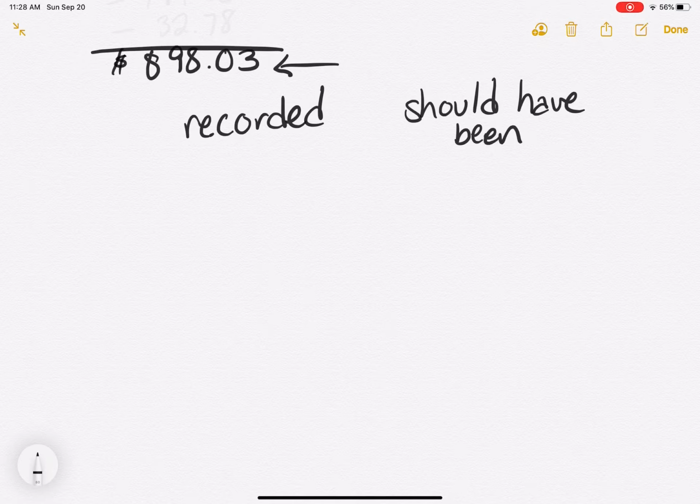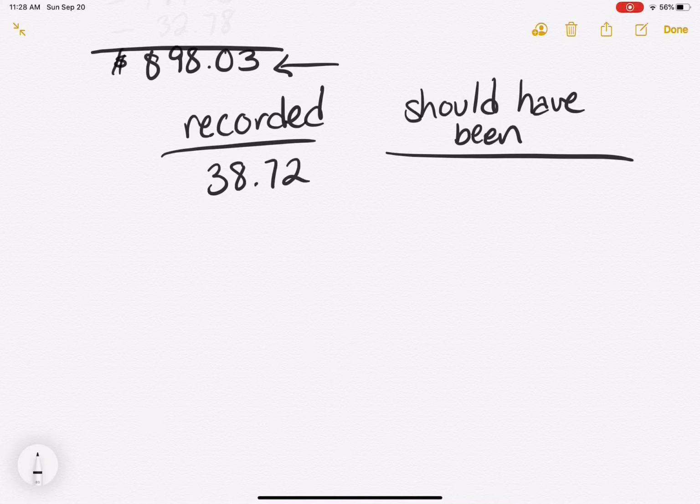So, for instance, if it was recorded in our bank statement that we made a deposit of $38.72, but it should have been, because this is actually what it was, $83.72. What we're going to do is start by finding the difference every time.